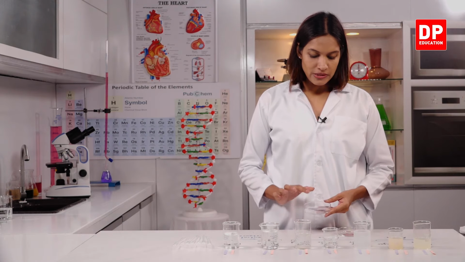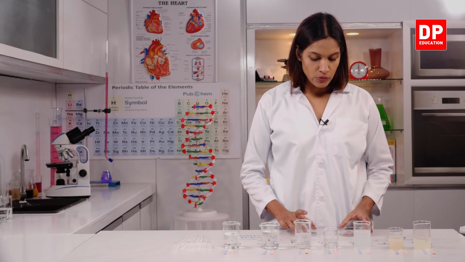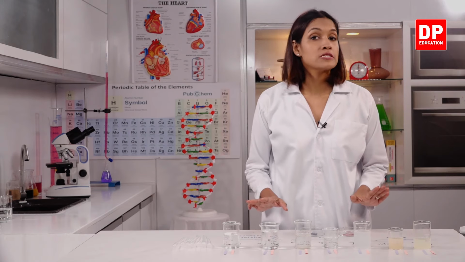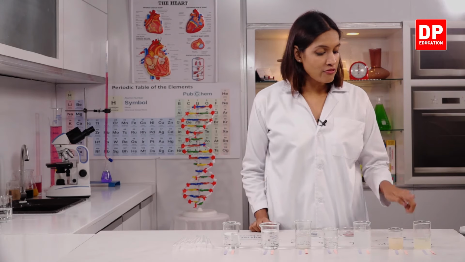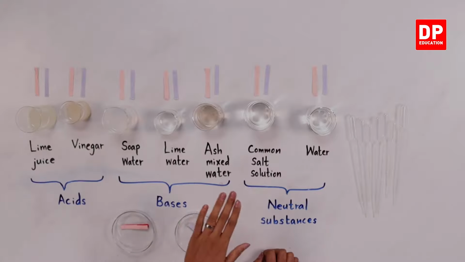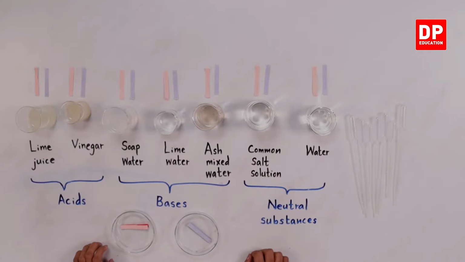And this is blue litmus. It is pale blue in color. Okay. So we are going to use the same solutions we used in the first experiment. We have lime juice and vinegar as acids, soap water, lime water, ash mixed water as bases, and then we have common salt solution and water as neutral substances.